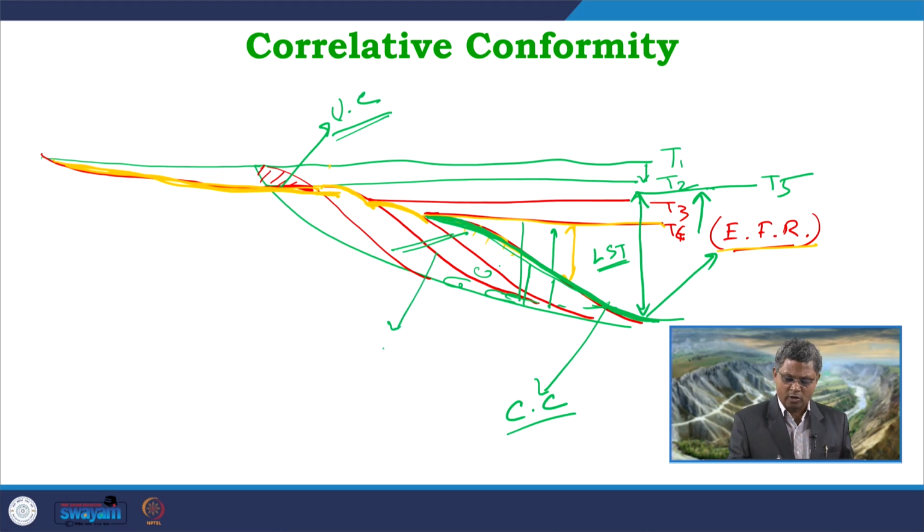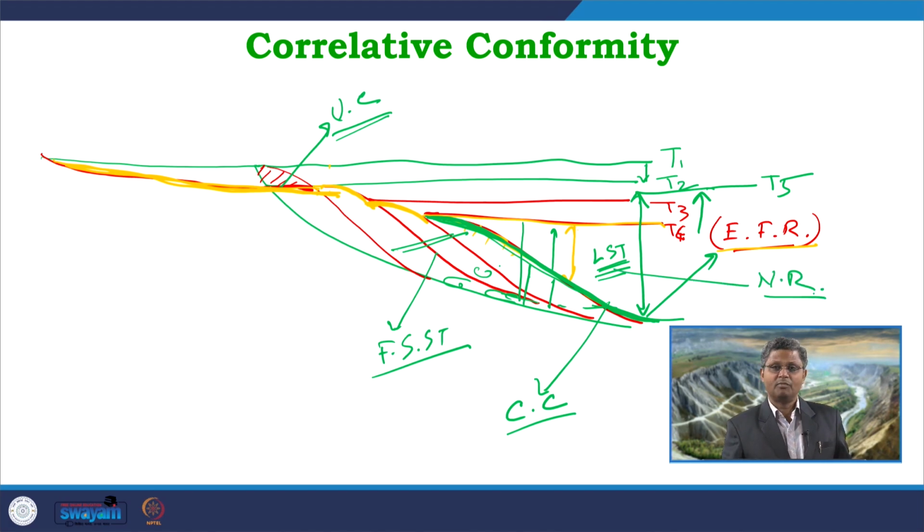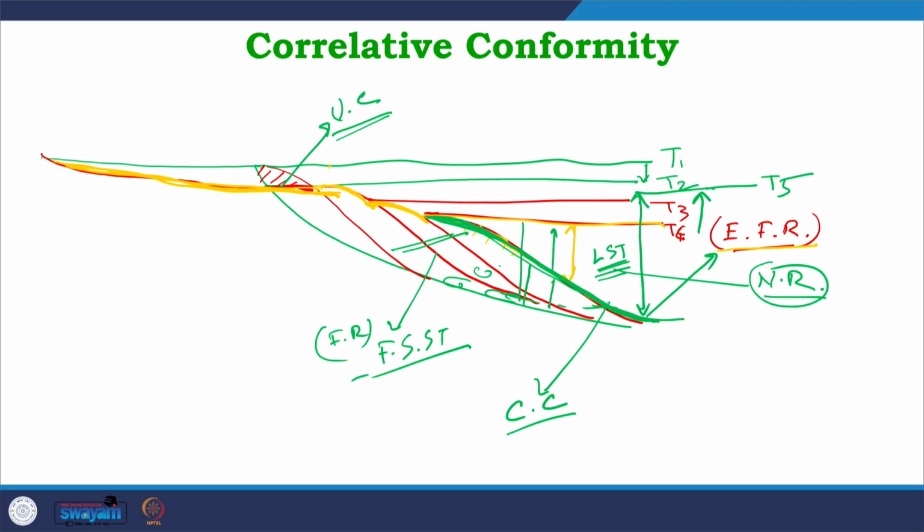So, we can call them the falling stage systems tract, and this particular surface is overlain by the normal regressive deposit, the lowstand systems tract. So, forced regressive deposits of FSST will be overlain by normal regressive deposits of LST. This is the characteristic of the correlative conformity surface.